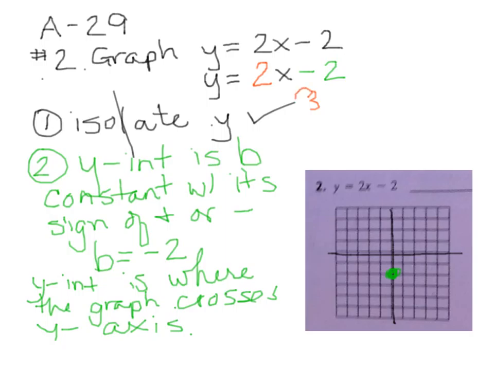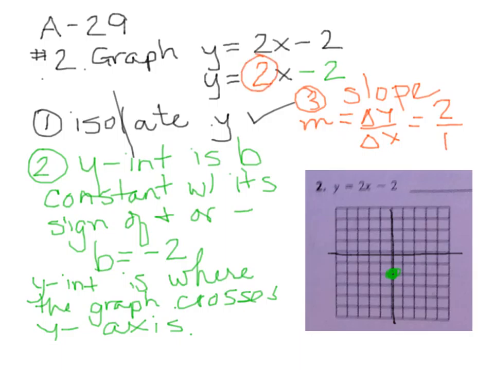So the third thing is my slope, which is m, which is the change in y over the change in x. In this case, it's 2, which I'm going to say is 2 over 1. So once again, there's my slope right there. So from this point here, I know my slope is positive.